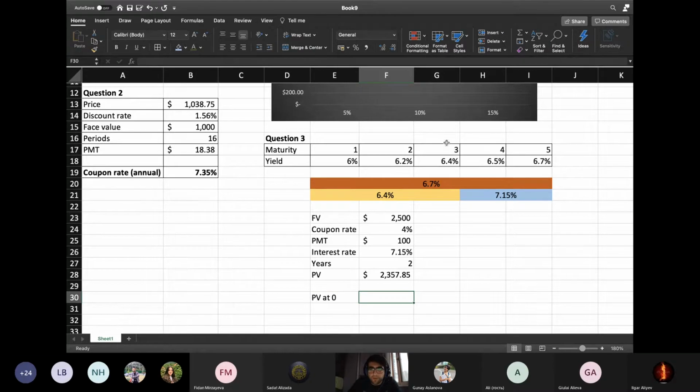Now it is 1, 2, 3, 4, 5. The bond is purchased here. We should discount 3 periods back. Present value of the bond divided by 1 plus this amount to the power of 3. And it is our result.